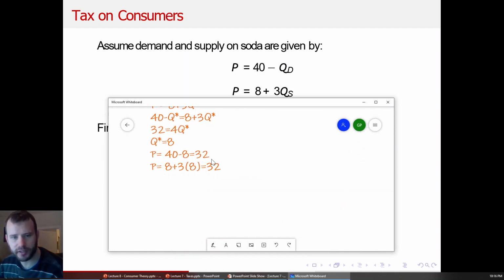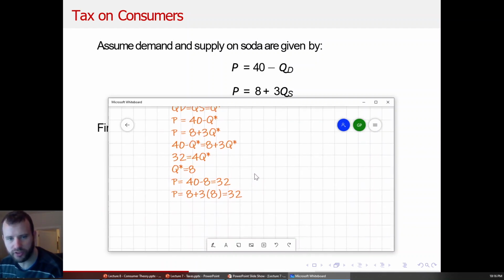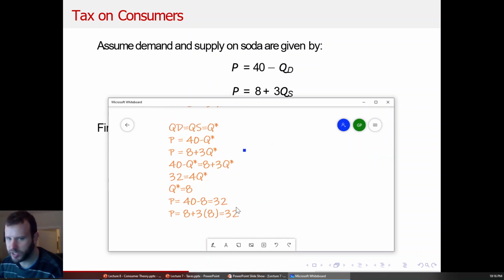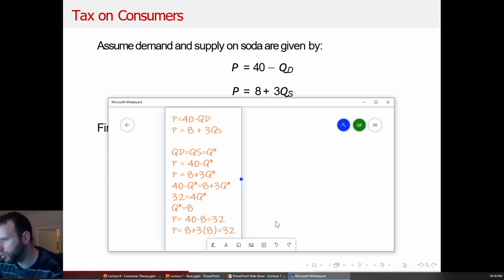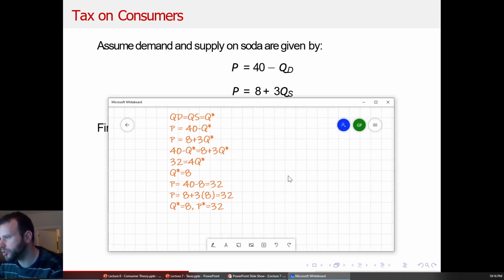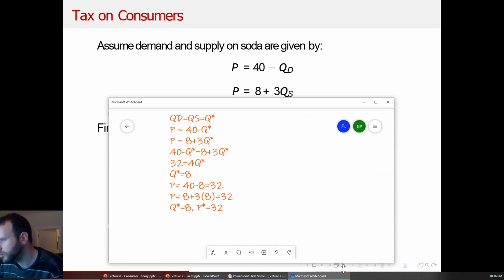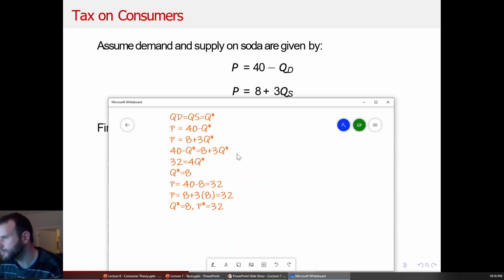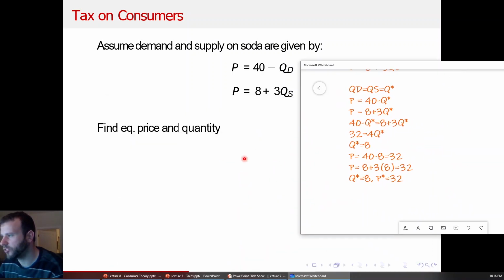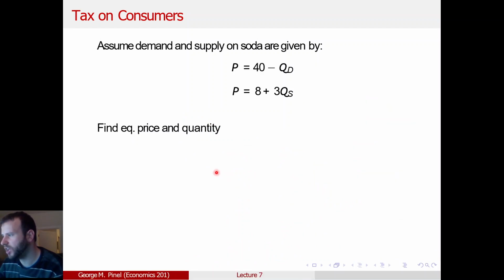So you know I'm right, because it's a coherent system with one P and one Q. So Q star equals 8, P star equals 32. All right, so we found the equilibrium price and quantity, 32 and 8.